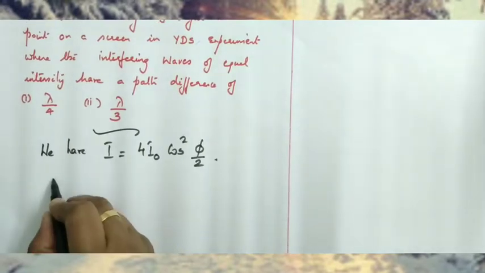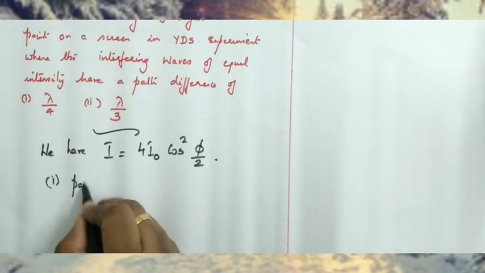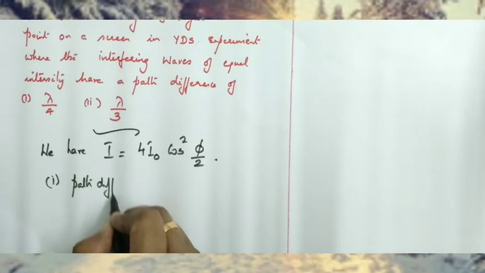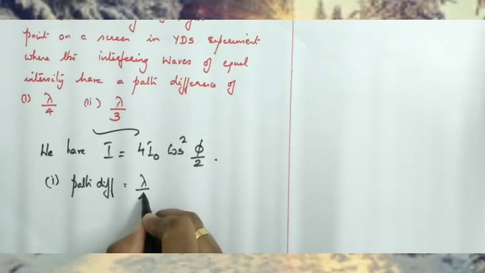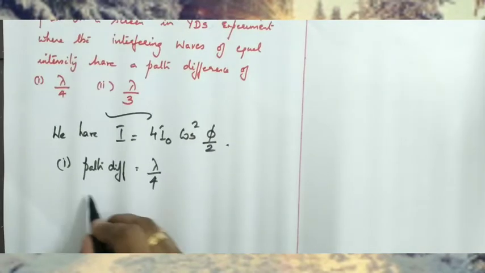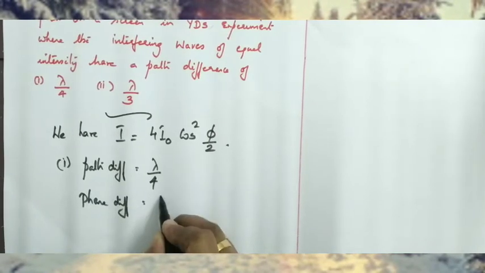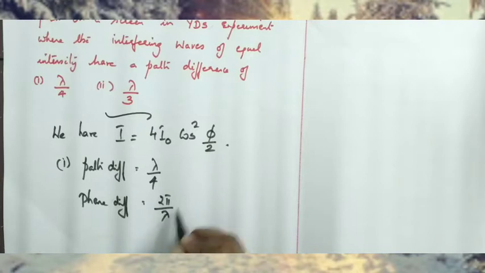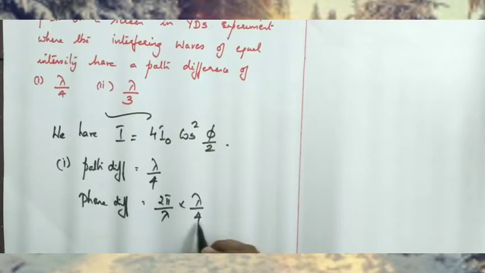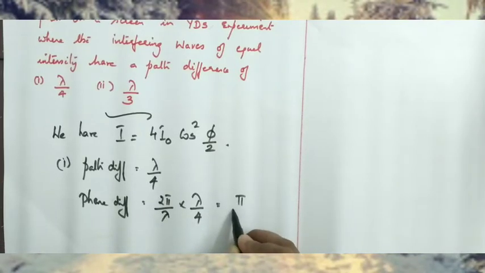First case, what is the path difference? Path difference is lambda by 4. What is the phase difference? Phase difference is equal to 2 pi by lambda into lambda by 4, so the answer is pi by 2.